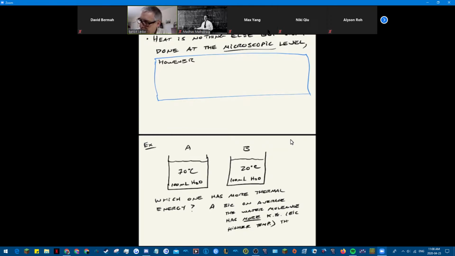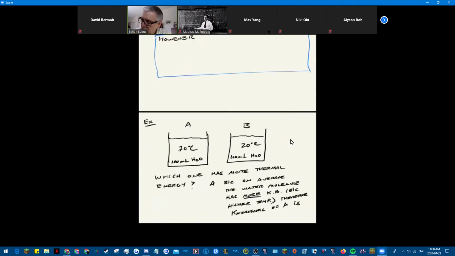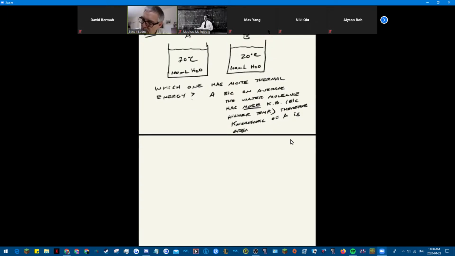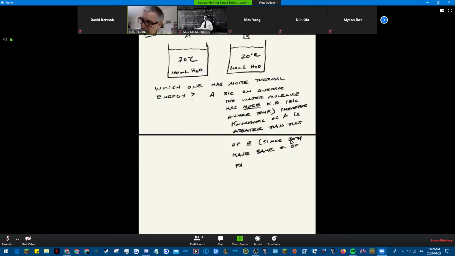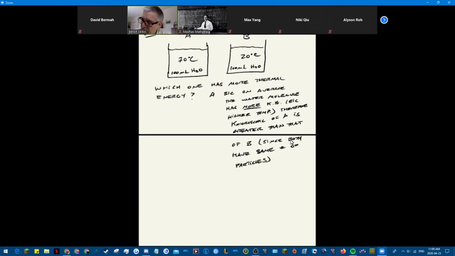Therefore, the microscopic kinetic energy of A is greater than that of B, since both have the same number of particles. All right.